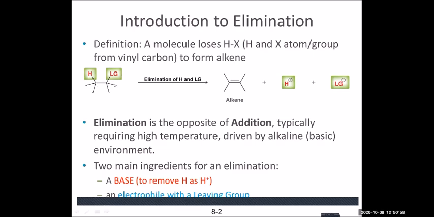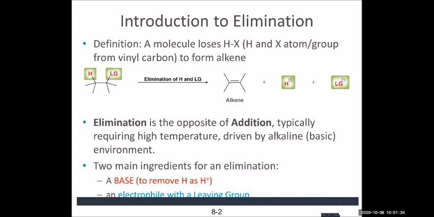Keep in mind the best leaving groups come from strong acids. So the leaving group combines with the proton to become the acid and departs. The remainder gives us an unsaturated alkene as a product. The elimination reaction is the opposite of addition. The addition reaction we'll get into very soon, in the alkene chapter.